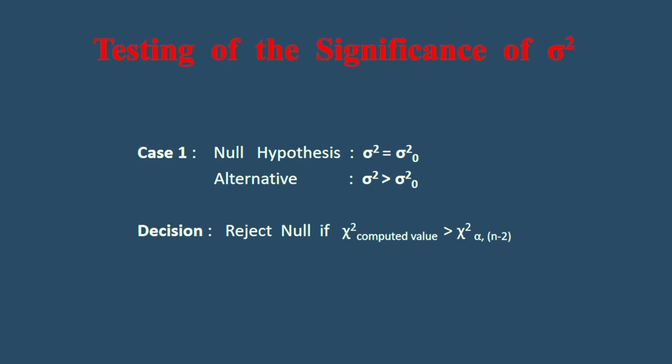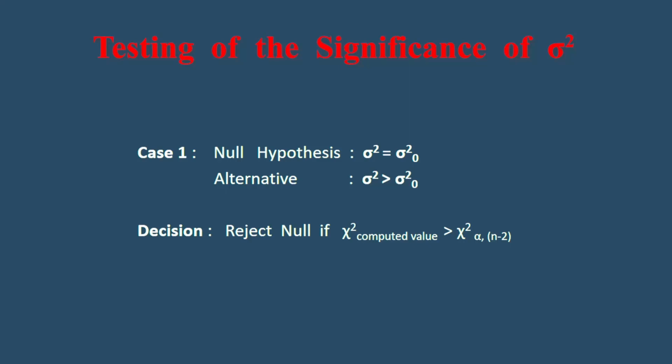So what is the decision? The decision is very clear: the null hypothesis is rejected if the computed value of the chi square, based on the statistic, exceeds the table value at alpha, n minus 2 degrees of freedom. This alpha is the level of significance, and since it's a one-tail test, we do not go for alpha by 2.